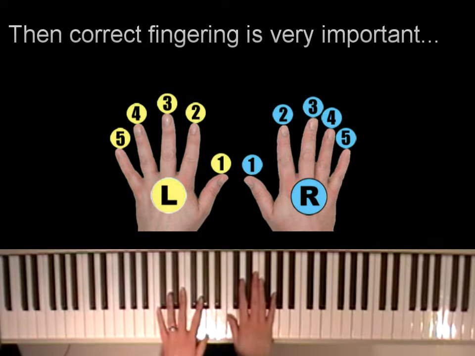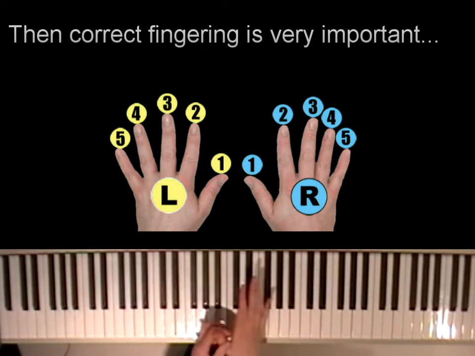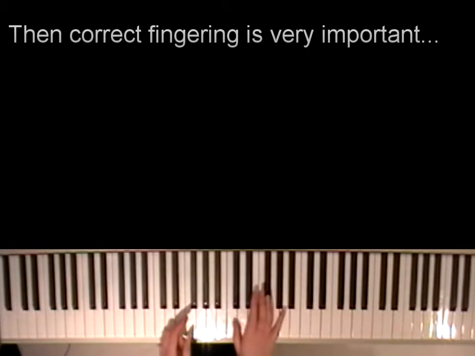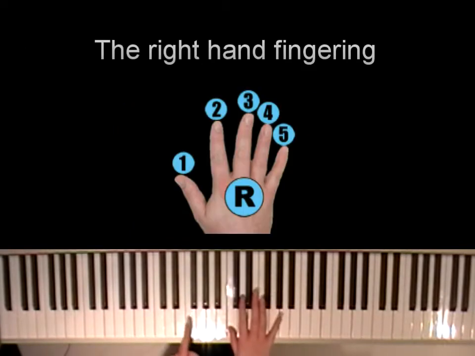So generally, your right hand, if you see a 1, this is going to be your thumb. If you see a 2, it's your index finger. If you see a 3, it's your third. If you see a 4, it's your fourth. And if you see a 5, it's your pinky.